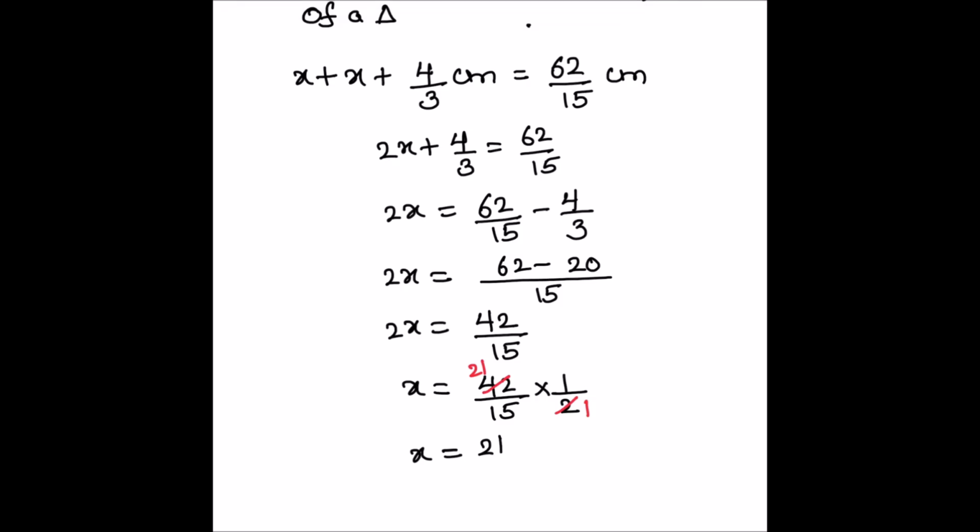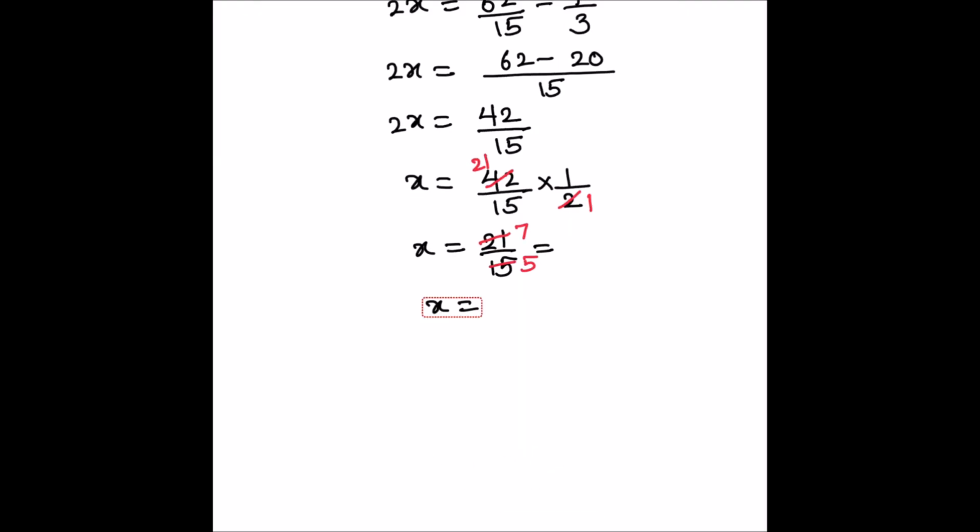So x is 21 upon 15, which we can simplify because 21 and 15 have a common factor of 3. 3 times 7 is 21, 3 times 5 is 15. So the value of x is 7 upon 5.